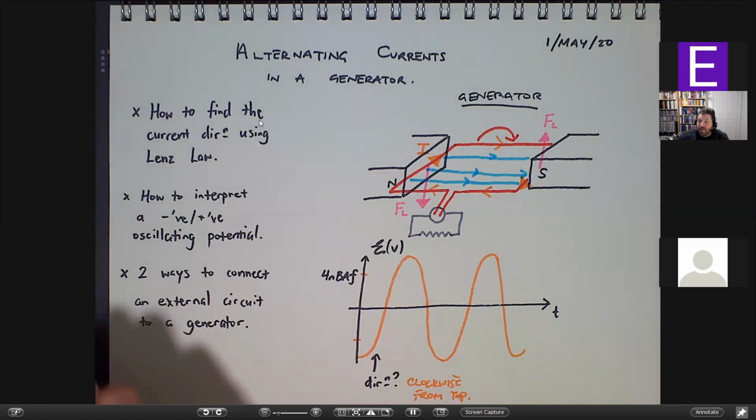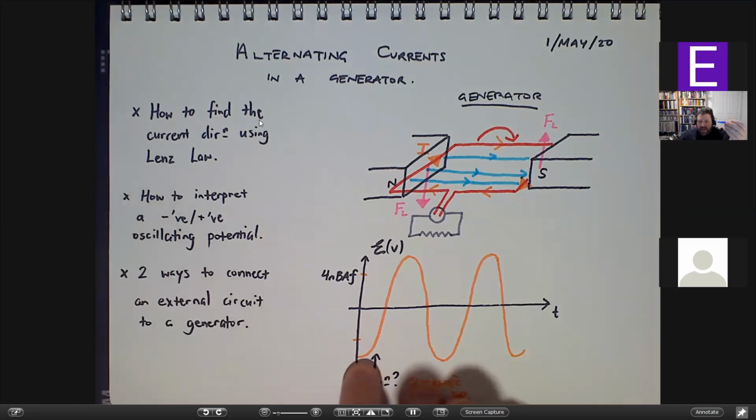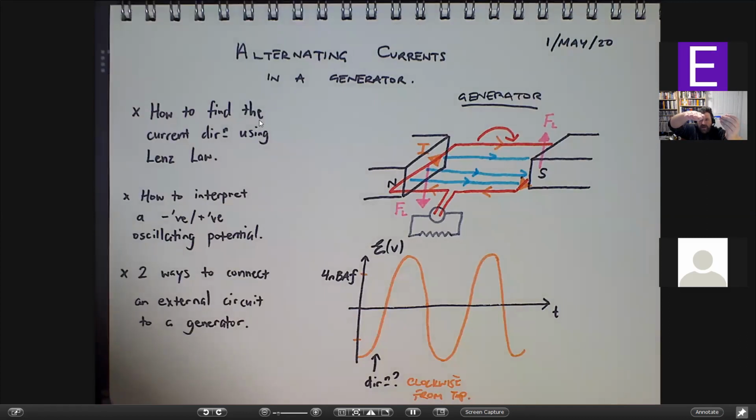The idea here, if you want to do this in terms of flux rather than forces, is we have a magnetic field pointing this way. And at the moment pictured, so here on the x-axis, here on the time axis, at this moment, we are rotating the loop and making it bigger.